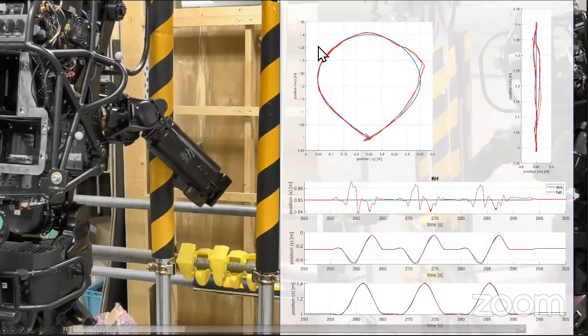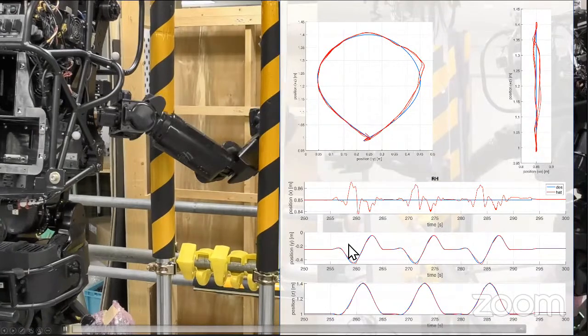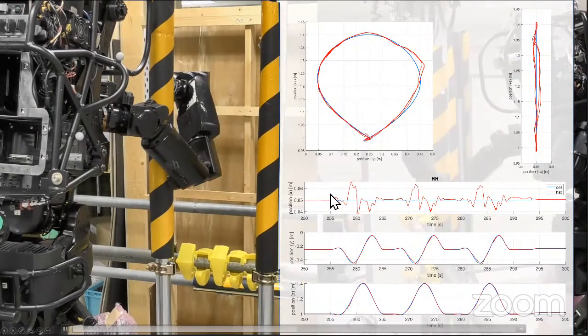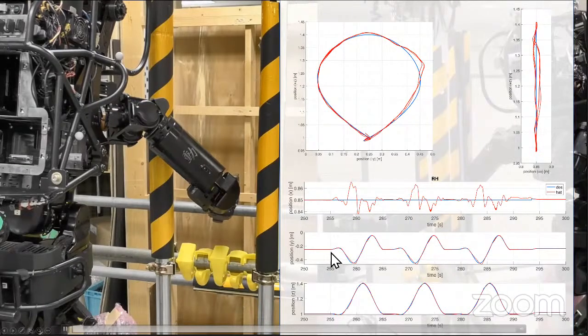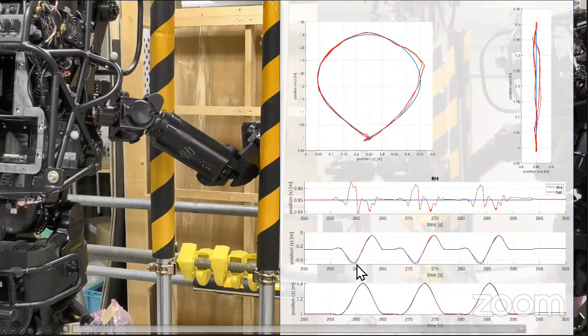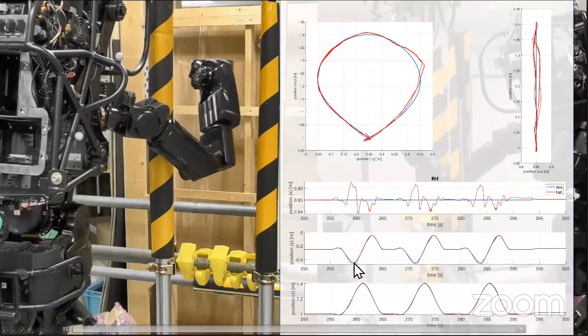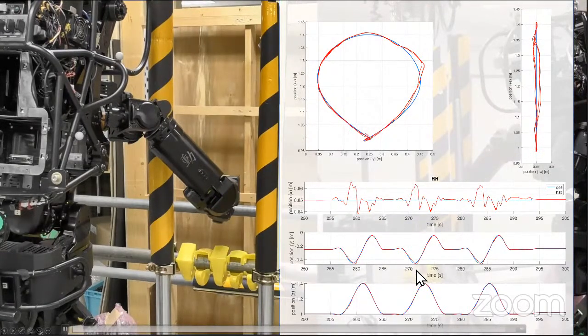This is x, y, z, and this is x, z. Maybe here it's clearer. This is the x, y, z reference in blue, and the actual position in red. And we can see that there are some errors here that happen just because of the disturbance, but the impact was compensated here, and the task could be achieved.